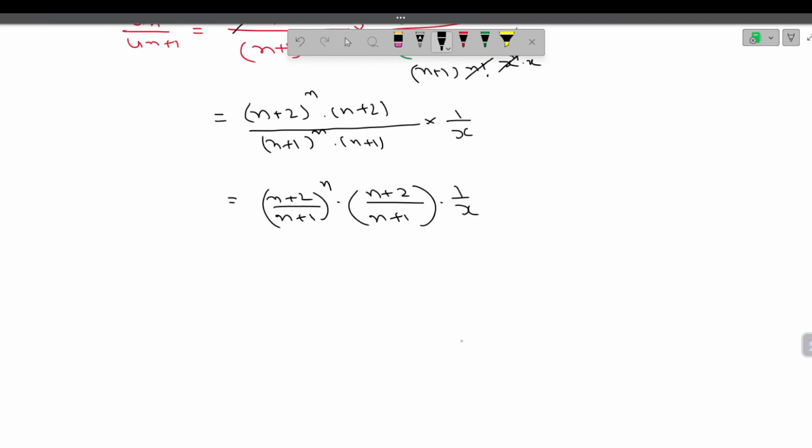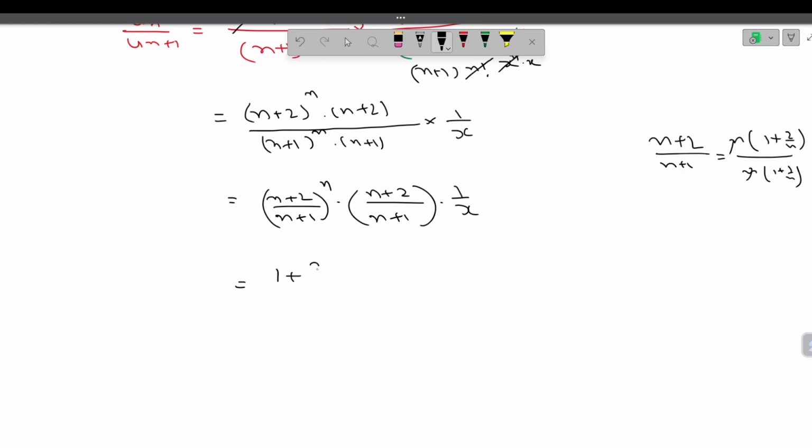What I am doing here is taking n common. You see, n plus 2 by n plus 1 is there. If I take n common from the numerator, 1 plus 2 by n, and from the denominator 1 plus 1 by n, so n gets cancelled.